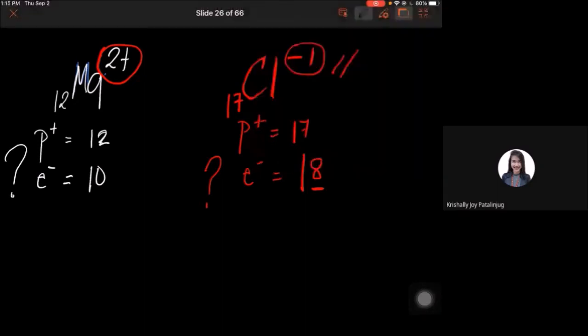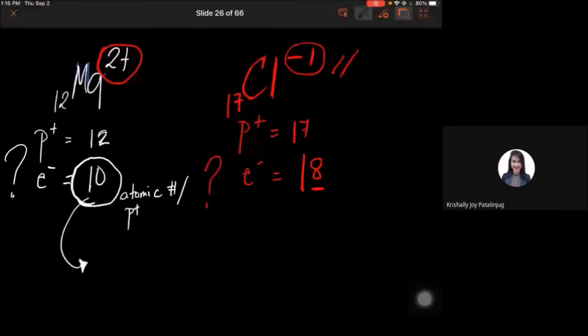Tingnan natin ha. Balik tayo kay magnesium. You tell me what is the atom or element in the periodic table na merong atomic number or proton number na 10? Anong element? It is yung may 10 na atomic number.